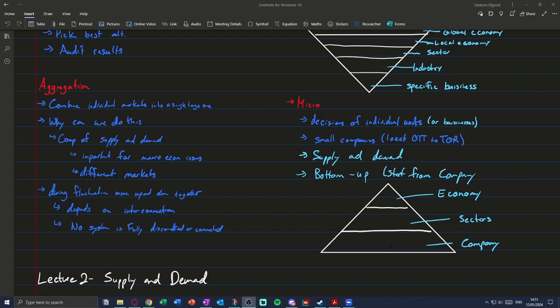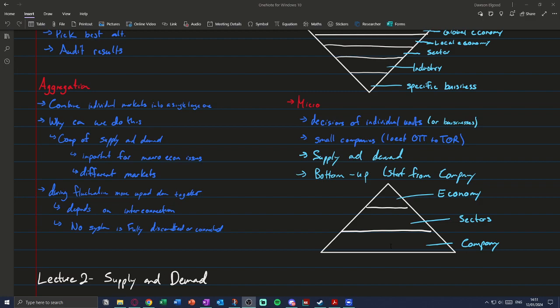During fluctuations of markets, they kind of move up and down together, and these markets kind of depend on what they're connected to. I can't give you a specific example off the top of my head, but certain markets kind of rely on each other or relate to each other. And if one's not doing well, that one isn't going to work as well either, so it's going to go down.